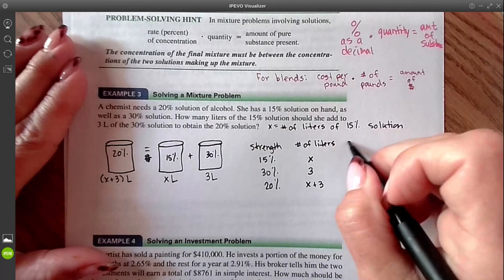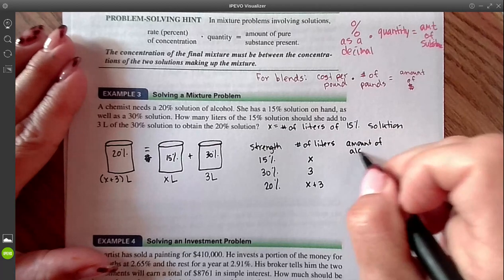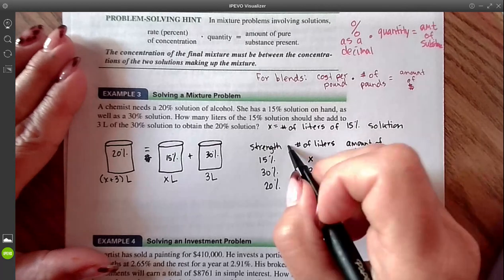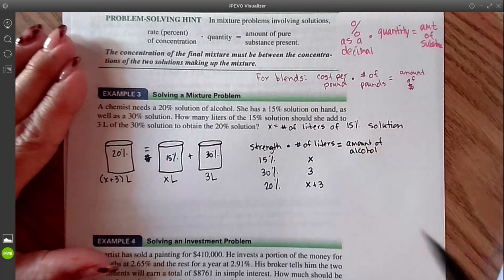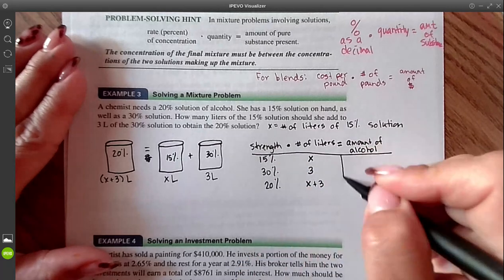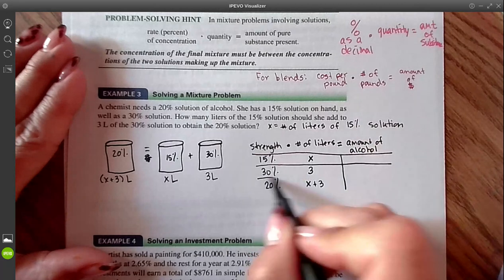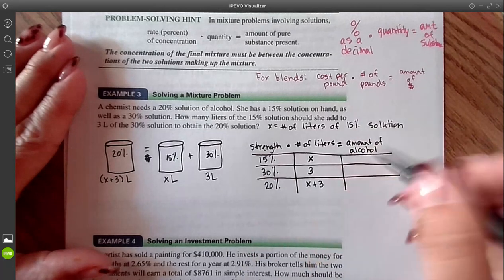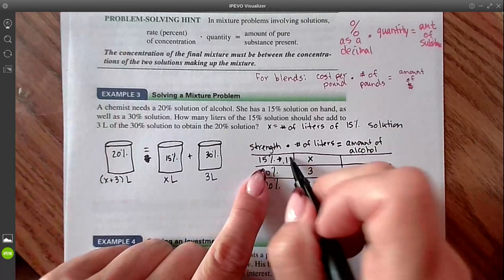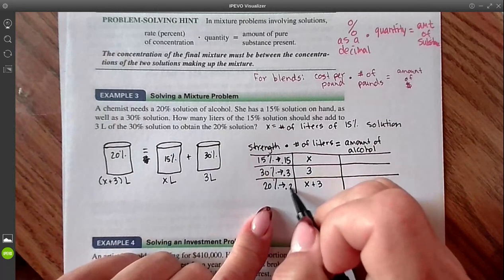And then in this column, it's going to be the total amount of alcohol contained in that. We get that by multiplying the strength times the number of liters. Remember that the strength has to be in decimal form. So this will be 0.15, this will be 0.3, this will be 0.2.